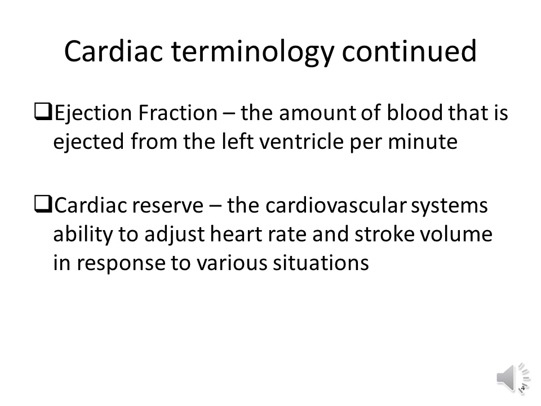Then here's a term that we see, and that is cardiac reserve. The cardiovascular system's ability to adjust heart rate and stroke volume in response to various situations. What does that mean? Heart rate times stroke volume equals cardiac output.